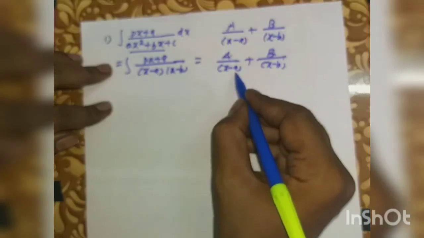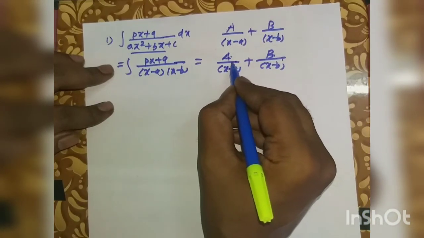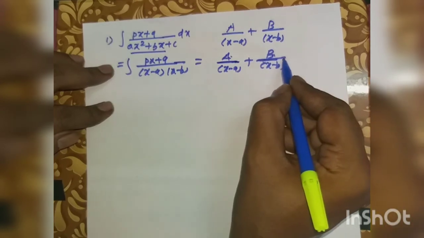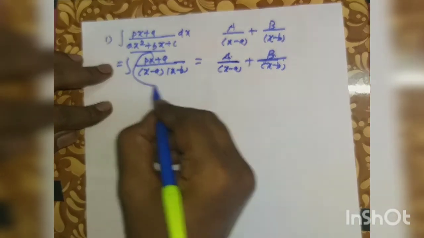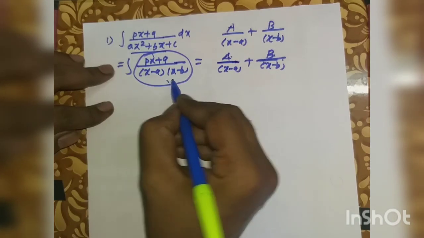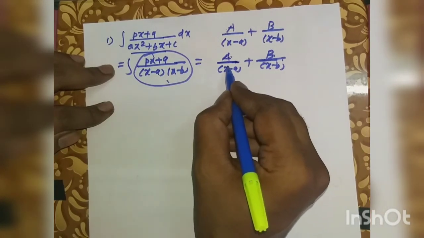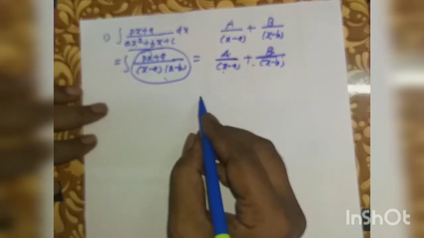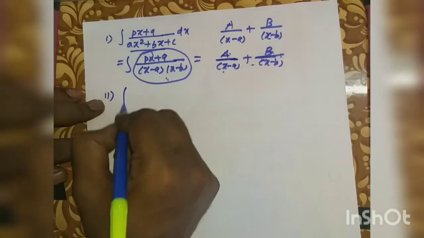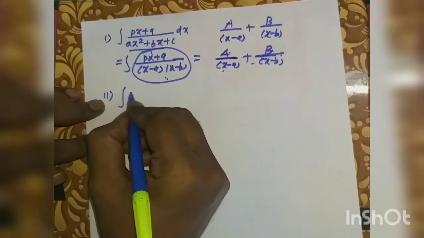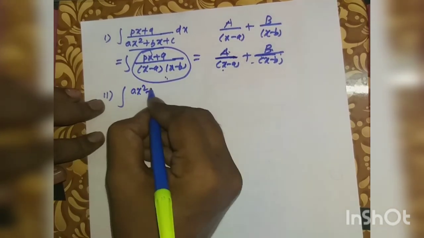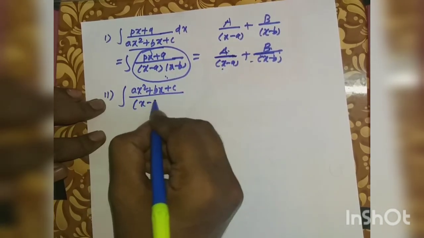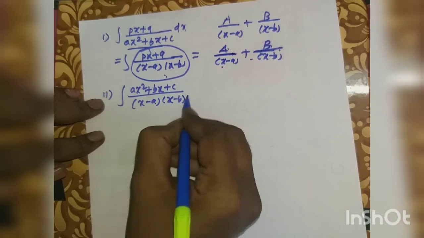This method is called partial fraction. The quotient of two polynomials is divided into two parts such that a divided by some factor plus b divided by some factor. Second, in the second type, ax square plus bx plus c is a quadratic equation, but the denominator has x minus a, x minus b, x minus c.